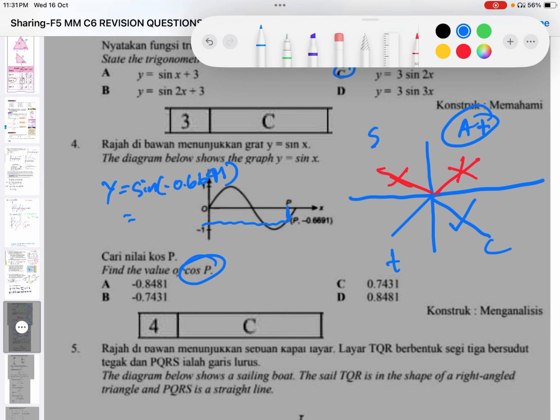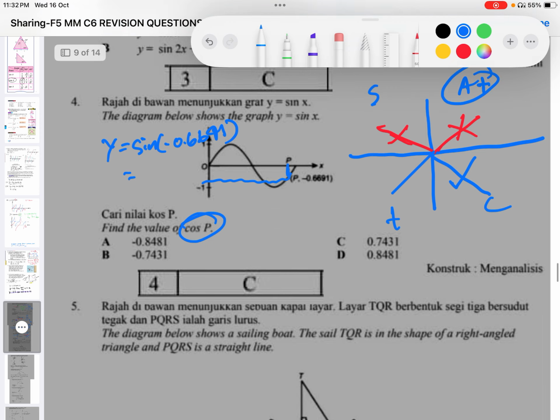So it's going to be negative 0.6691. Let me just show you guys. Negative 0.6691.